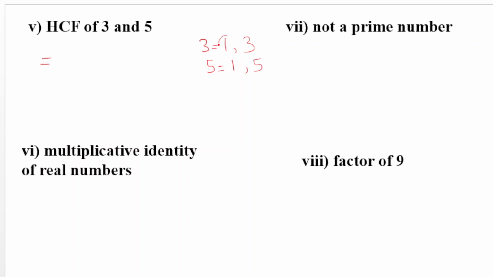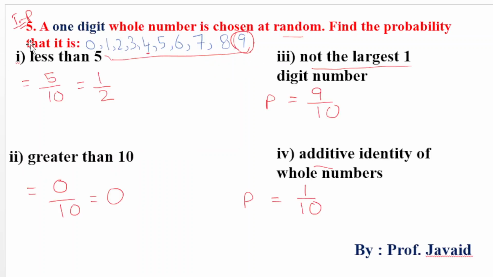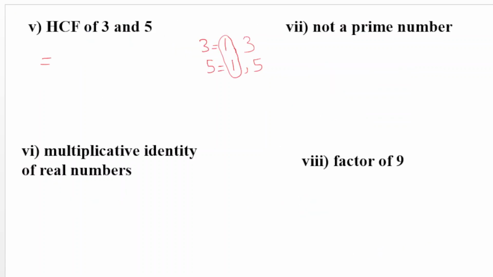So what is the highest common? Only 1. So 1 is here, how many times is it in the question? Only one time. So that will be the answer. So the probability of HCF between 3 and 5 is 1 by 10. So I hope you understand.